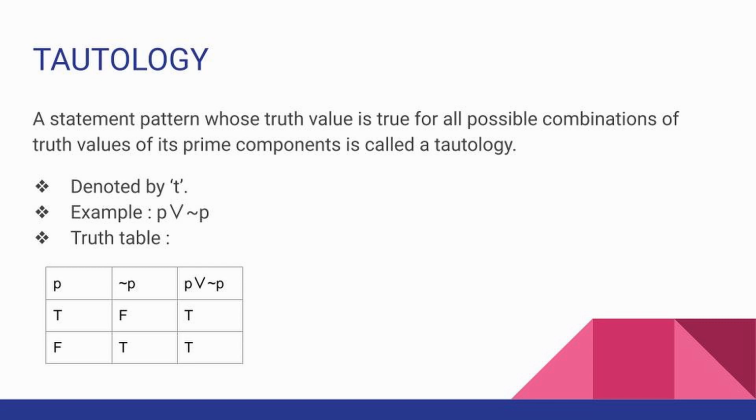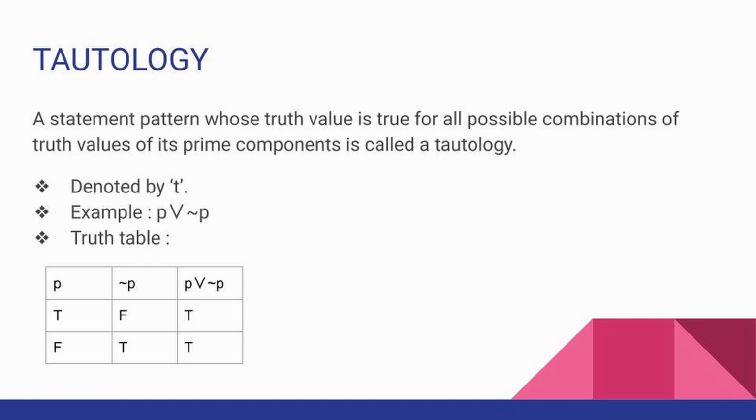Tautology is denoted by small t. For example, P or negation of P is a tautology. Let us verify it with the help of a truth table. In the truth table, we write P in the first column, negation P in the second column and P or negation P in the third column.